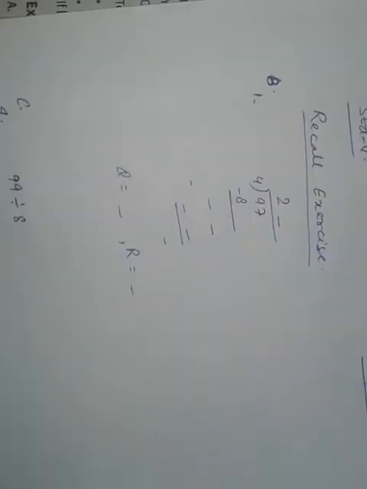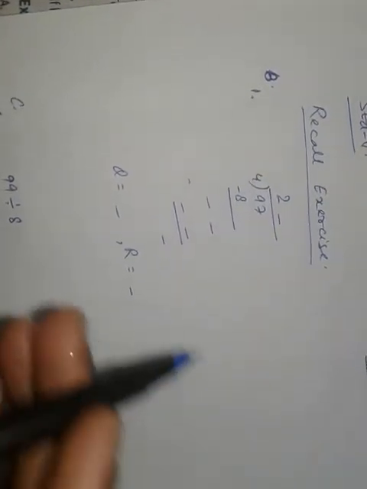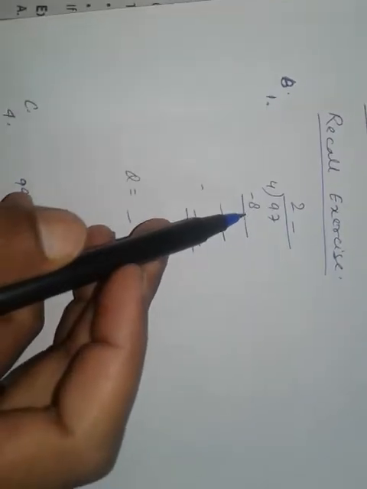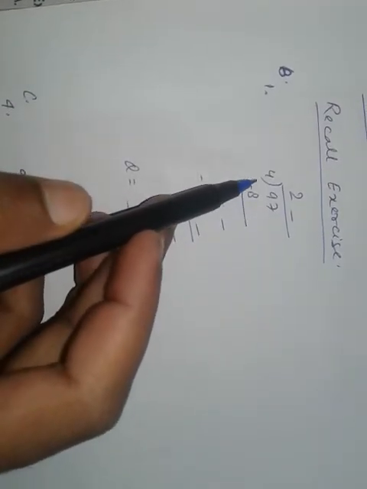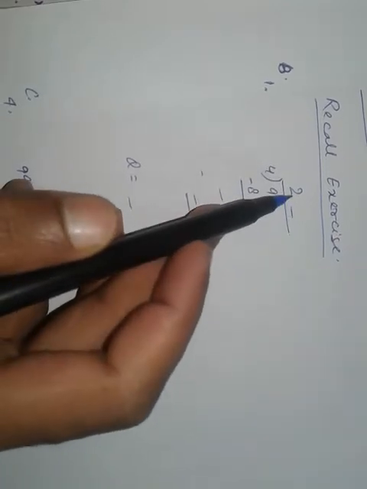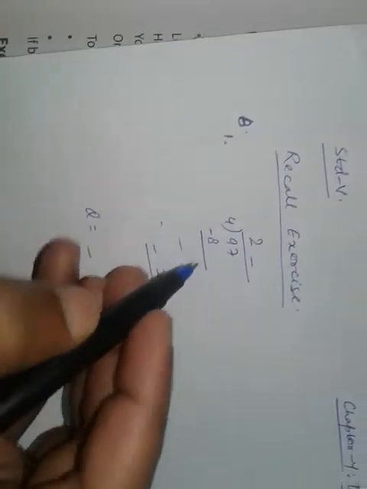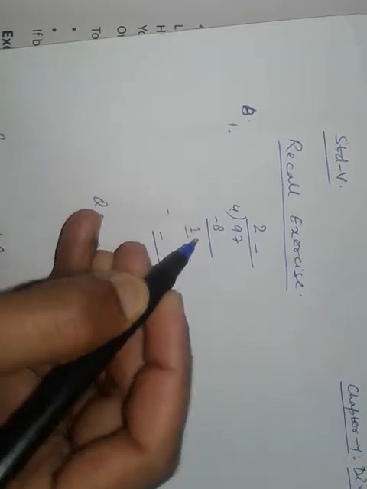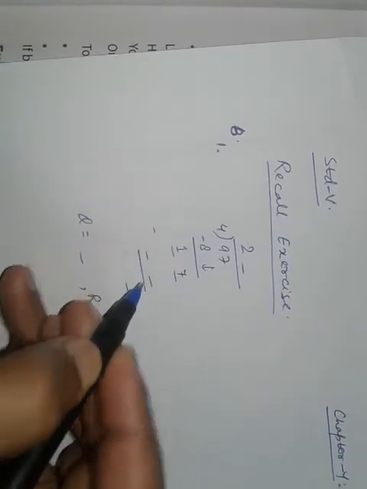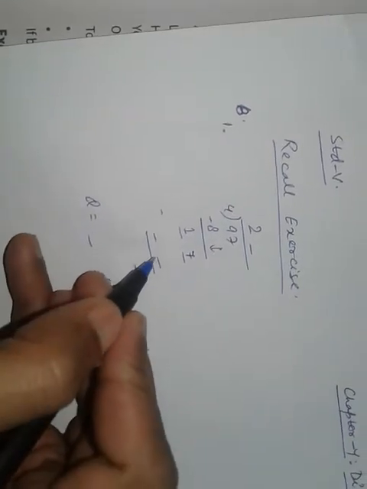So we go with the table and we check whether 9 comes in the table of 4 or not. If 9 does not come in the table of 4, then we choose the closest number to 9. So this is 4 times 2 is 8. What is the remainder here? 1, isn't it? Then after that this 7 comes down. Now 17.